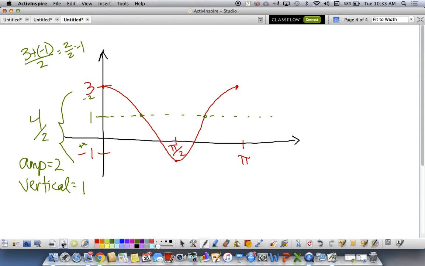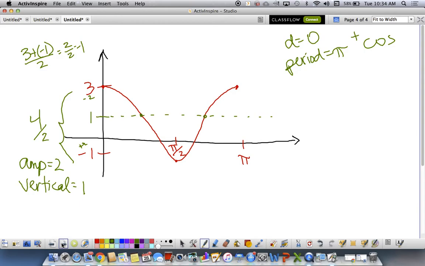All right, what's something else you noticed about this? There is no phase shift. Okay, anything else? It's a cosine graph. Is it positive or negative? Positive.